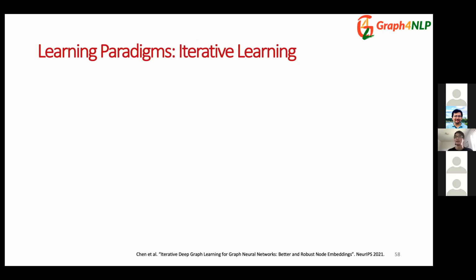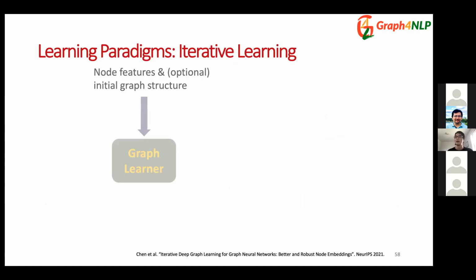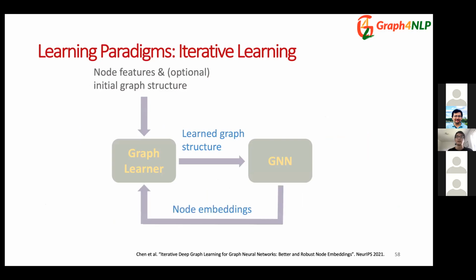Unlike the above two learning paradigms for dynamic graph construction, recent works propose an iterative graph learning framework by learning a better graph structure based on better graph representations, and in the meanwhile, learning better graph representations based on a better graph structure, in an iterative manner. As a result, this iterative learning paradigm repeatedly refines the graph structure and the graph representations towards the optimal downstream performance.